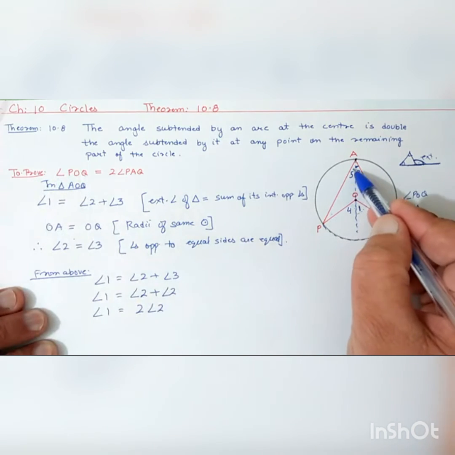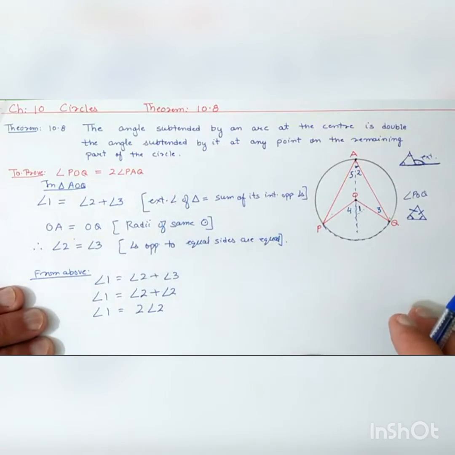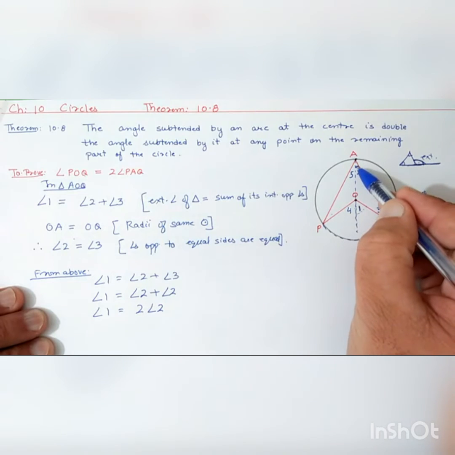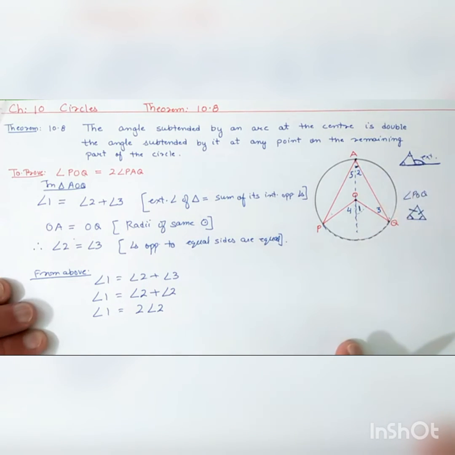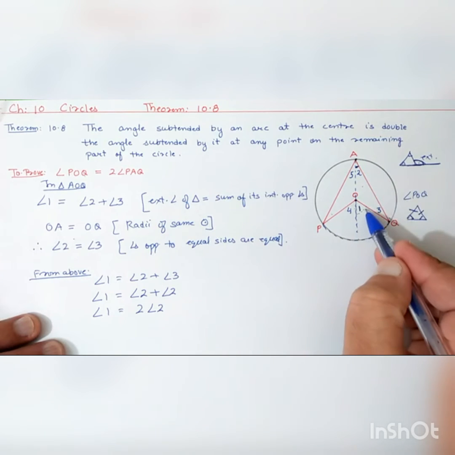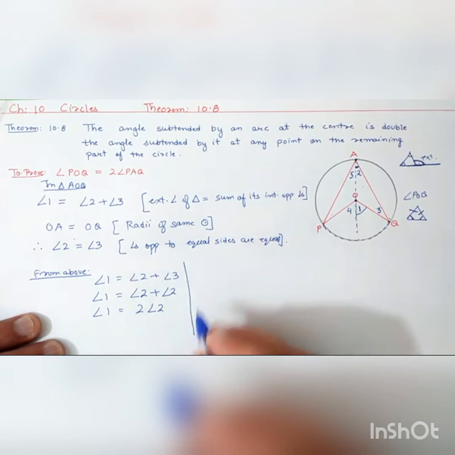So now angle 1 equal to 2 times angle 2. Just pay attention to this step. Instead of angle 3, I have put angle 2, and angle 2 is 2 times. So I have written 2 times angle 2. So now I have got angle 1 equal to 2 times angle 2.